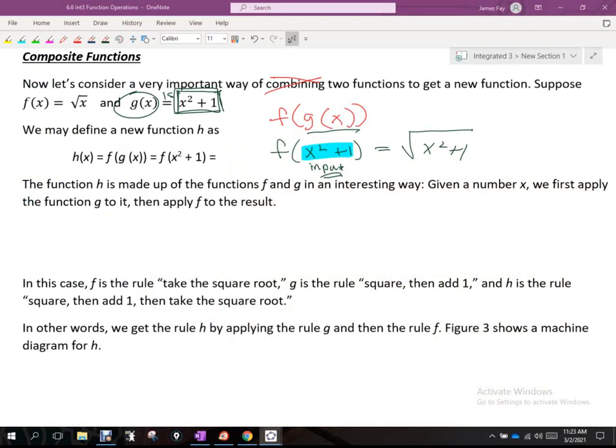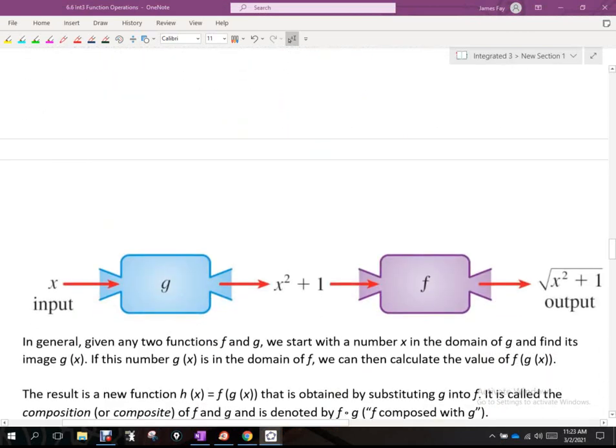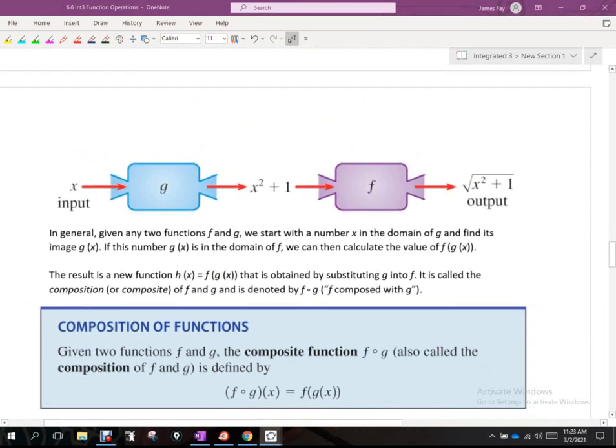That's called a composite function. One way of thinking about it is, what we like to refer to or call functions are machines. So think about this.